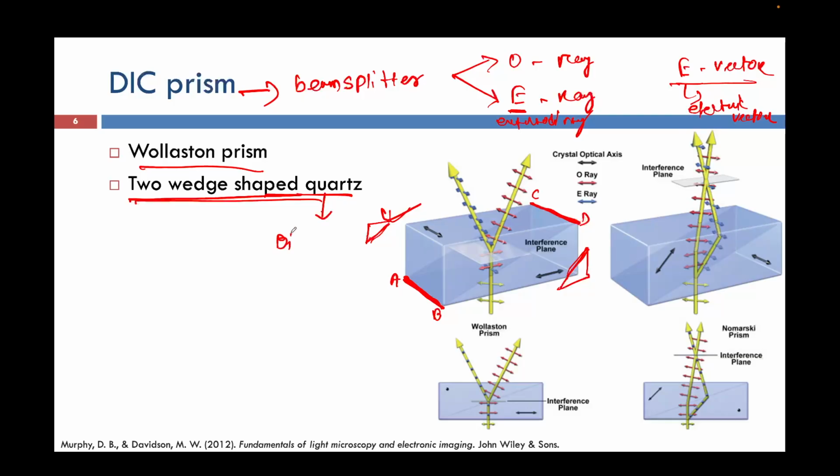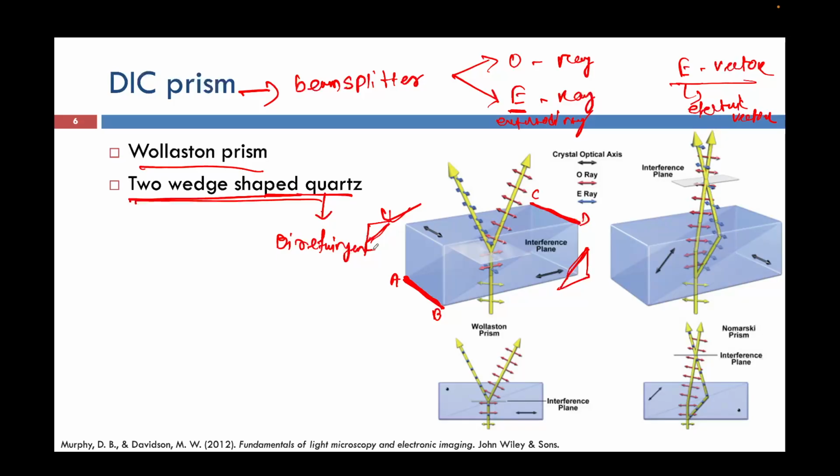Because quartz is birefringent. Last lecture we went through this. Sometimes in a specific application we can also take calcite, because calcite also does double refraction.